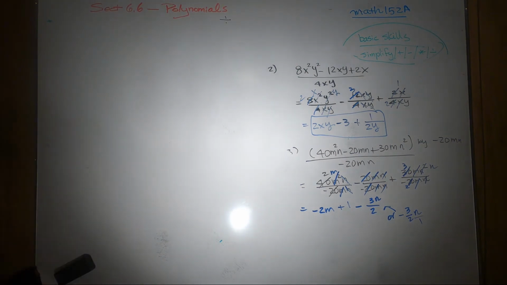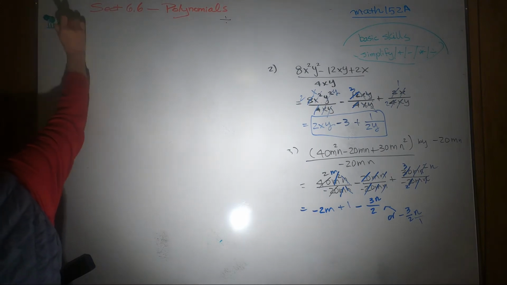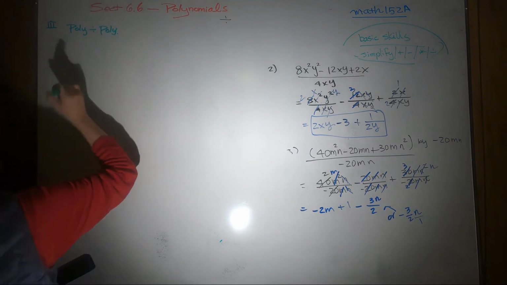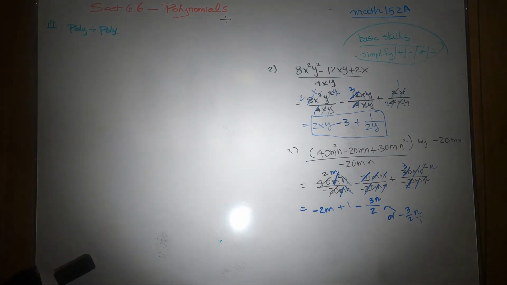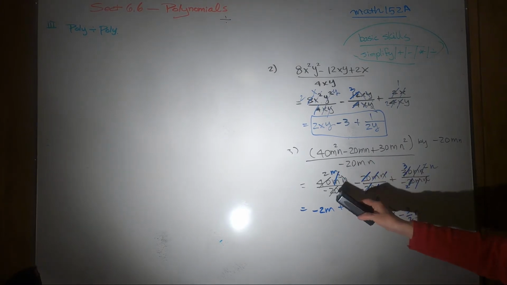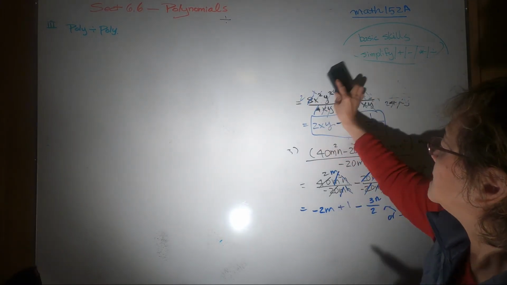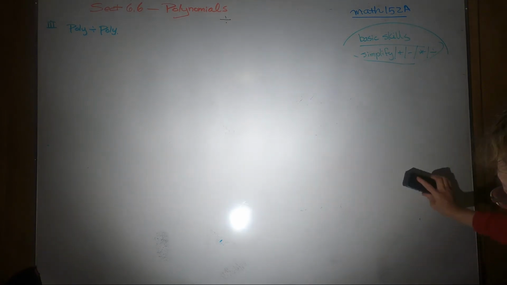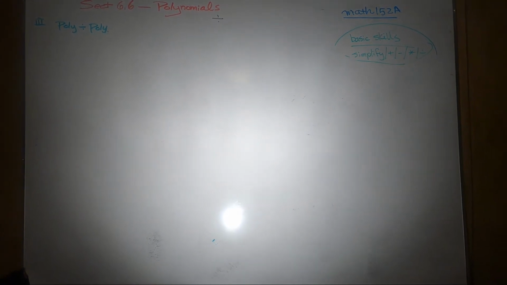We did a mono divided by mono, poly divided by mono. Now we are going to do the poly divided by poly. More complicated situation. Okay? But we know for variables we can only handle one term at a time, mono to mono, right? So when we divide poly to poly, let's see how we can handle it. All right.